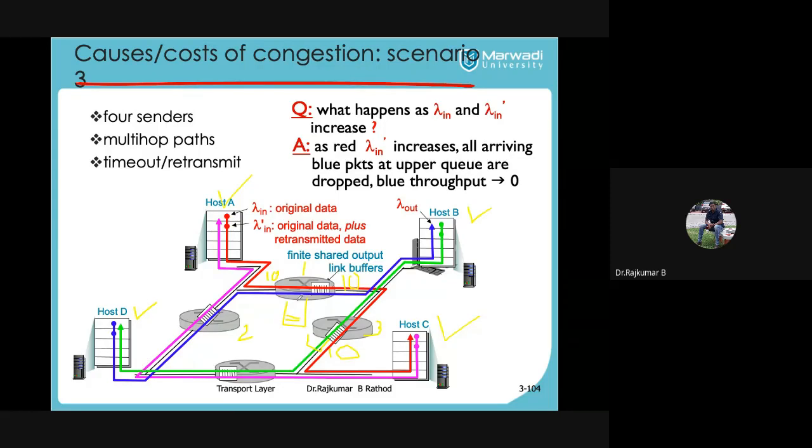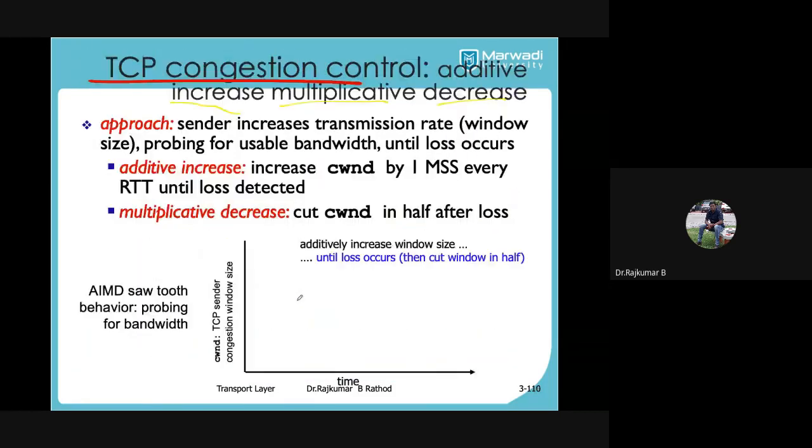So this condition says that in TCP, what is the approach? The sender increases the transmission rate, as the first host here transmitted 2 Mbps, then 4, then 8. Okay? It is going on, right? Then comes the problem of usable bandwidth, like the maximum usable bandwidth is 10 Mbps.